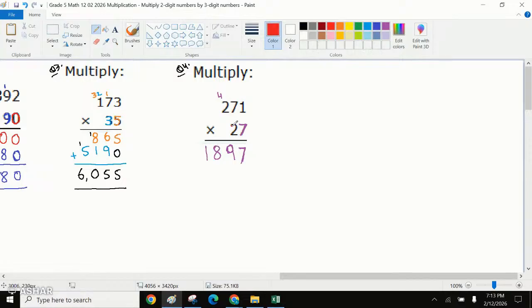When we multiply with the tens, we need to remember that we have to put a 0.